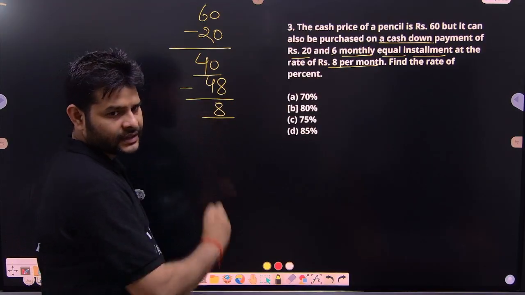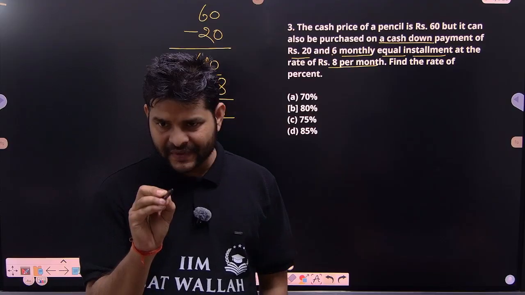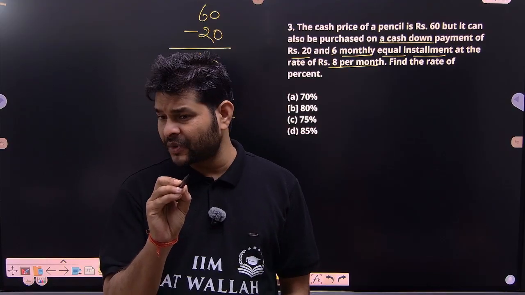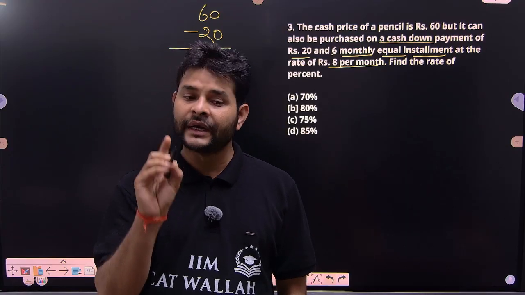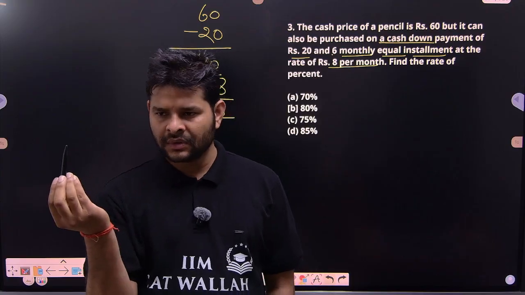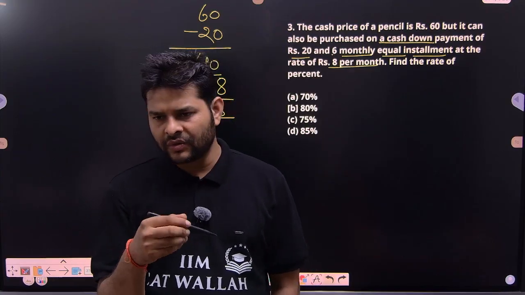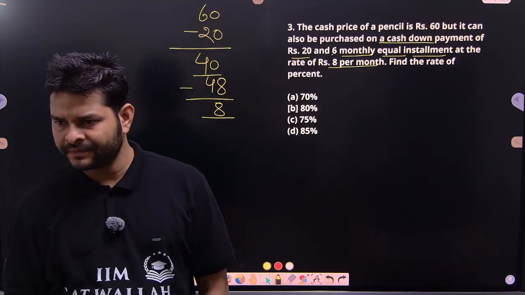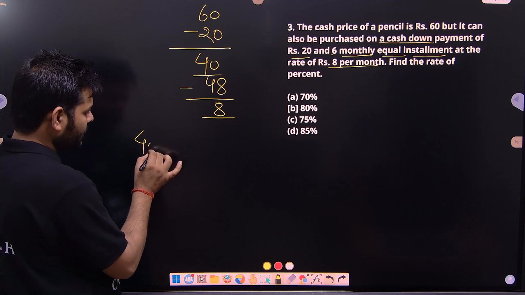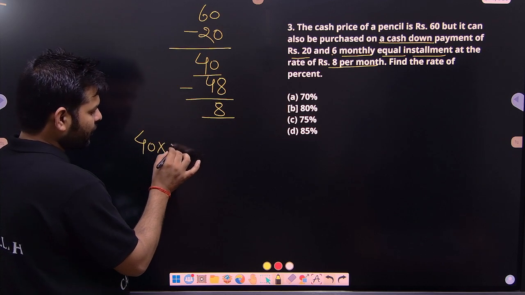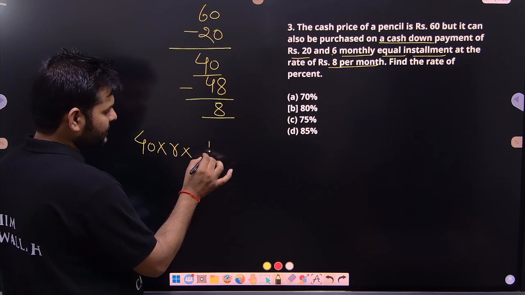Total interest is 8. In the very first month, the interest would be calculated on 40, then on 32, basically. So the concept or theme is the same. So in the very first month, I had to pay on 40 at a rate of interest we don't know, for 1 month.